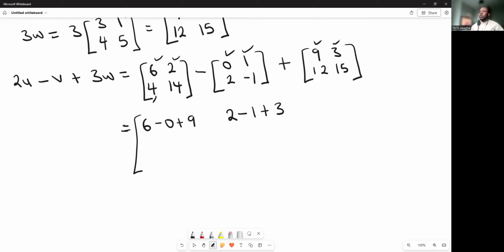Then the next one, 4 minus 2 plus 12. And finally, we have 14 minus minus 1, plus 15.